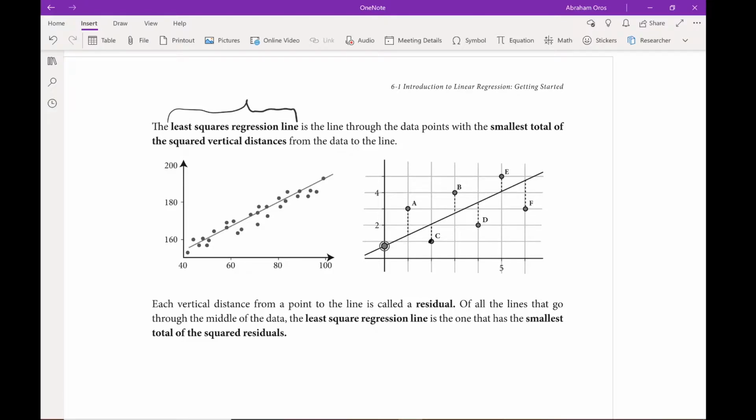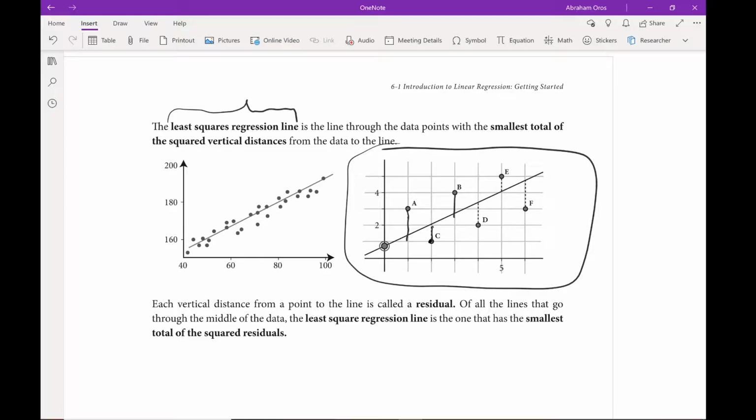Well, if we look over here at this particular graph, you'll see these little dotted lines, right? Let's say we take this distance, and this distance is A prime, and this is C prime, B prime, D prime, E prime, and F prime.